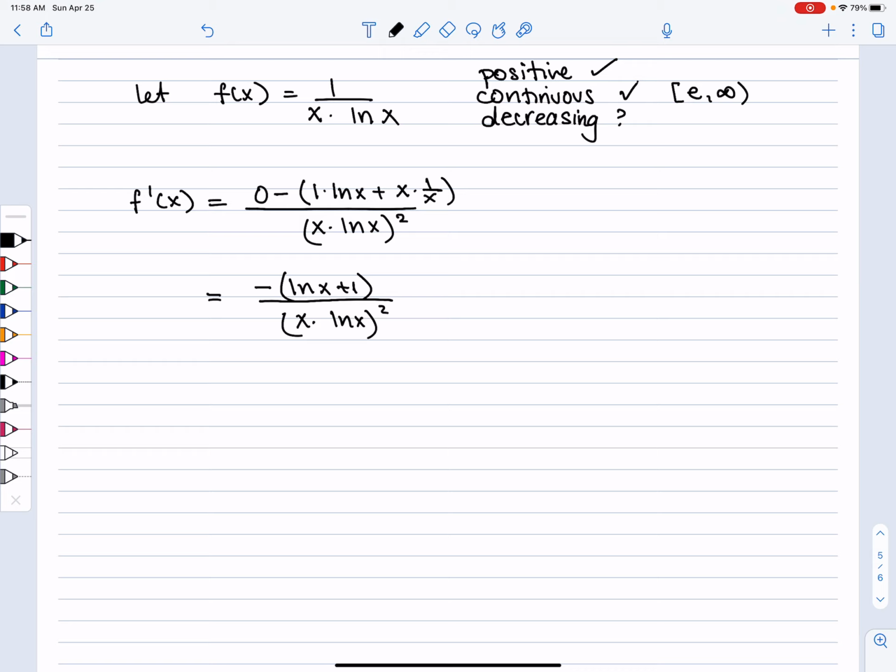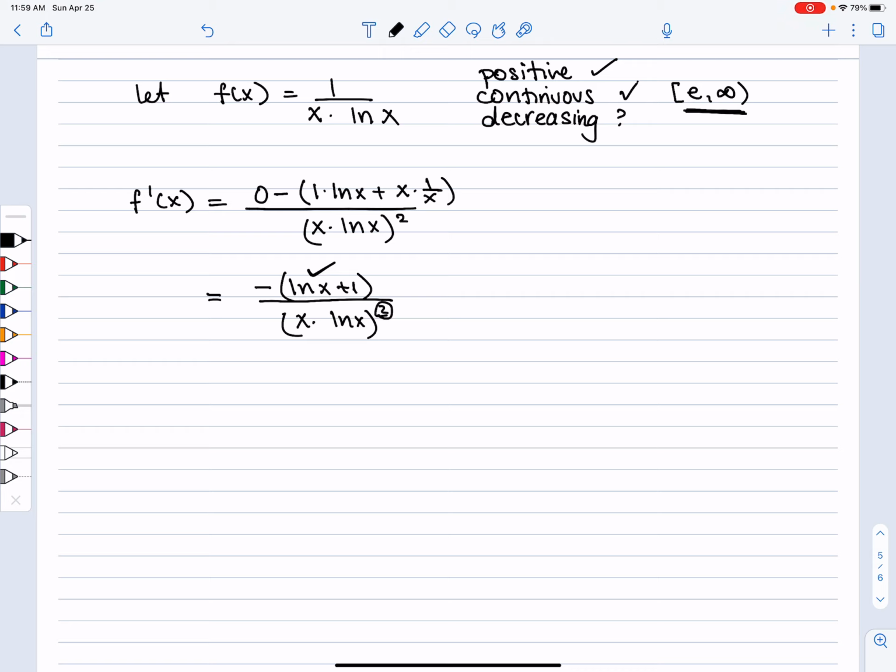The denominator will always be positive because you have a square. But what can we say about the numerator? As x goes from e to infinity, ln of x is always positive.